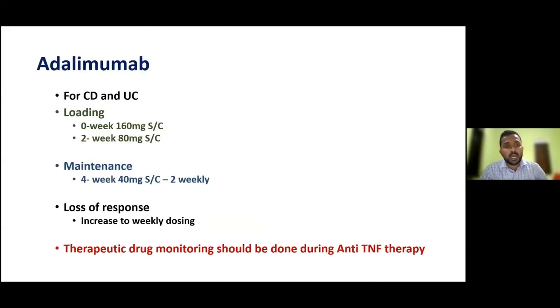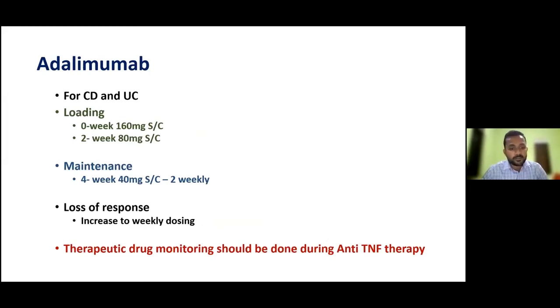Adalimumab is the second anti-TNF which is commonly used for Crohn's disease and ulcerative colitis. This is given as subcutaneous injections. Again, the loading dose is at week 0 and week 2. Then from week 4, we have to give subcutaneous injections fortnightly.